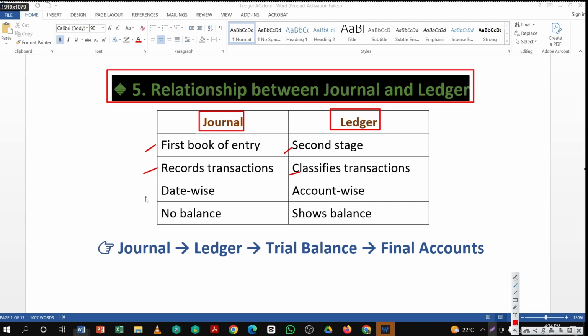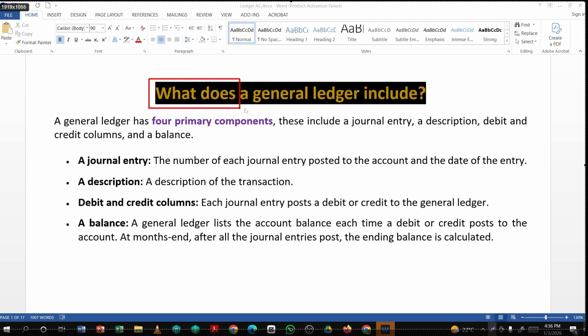Journal transactions are date-wise and ledger transactions are account-wise. A journal has no balance but a ledger shows the balance. At first, a financial transaction is entered into the journal, then from journal to ledger, ledger to trial balance, and finally trial balance to final accounts.